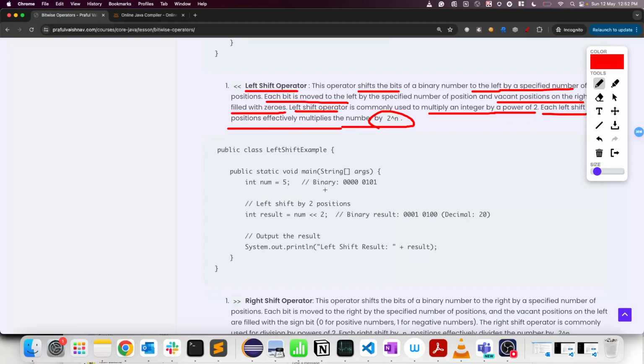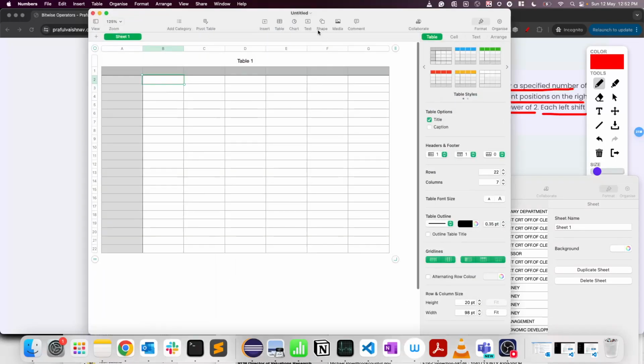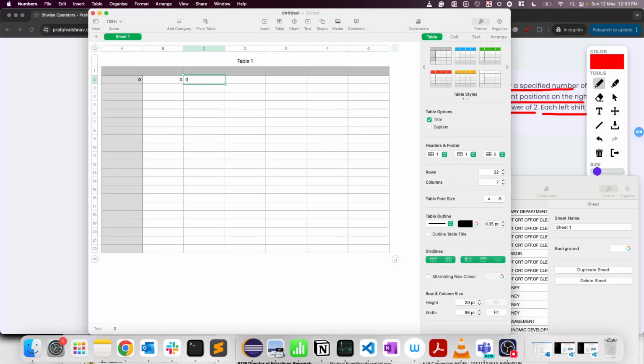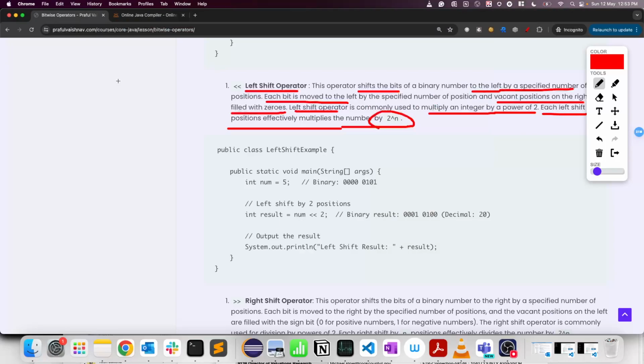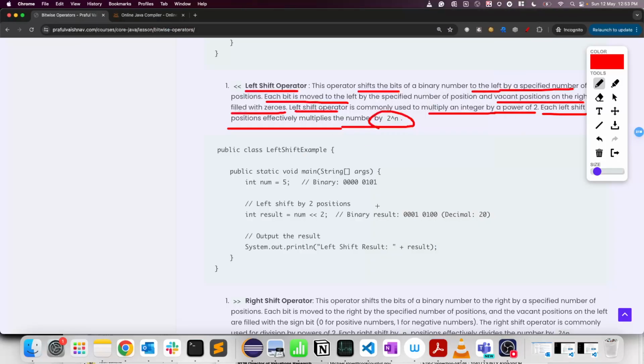Okay, so let's take this number 0, 0, 0, 0, 1, 0, 1. So this is the number. When we shift all the bits by 1, what will come in the position of this? Which 0 will come?